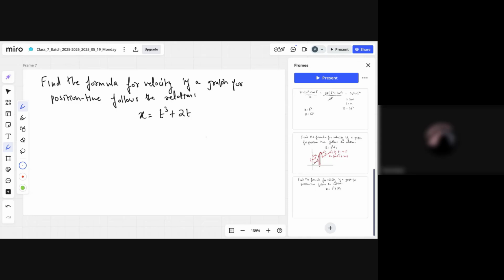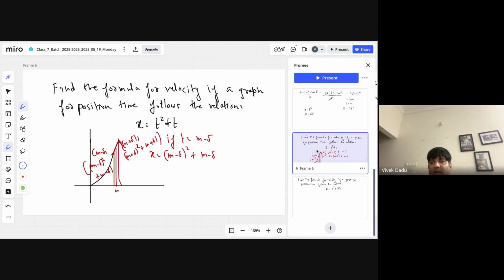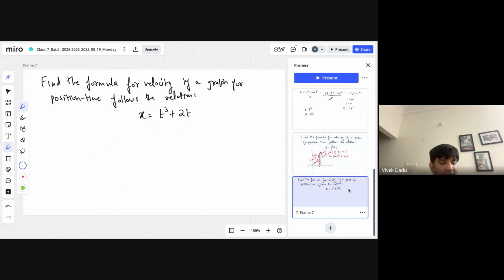Why minus? There is a plus c. This is t square plus t. So in place of this t, you put m minus delta, and in place of this t also. Why would you change the plus signs? No, no, Sarah. So that you took common.